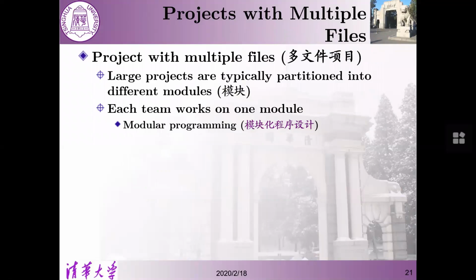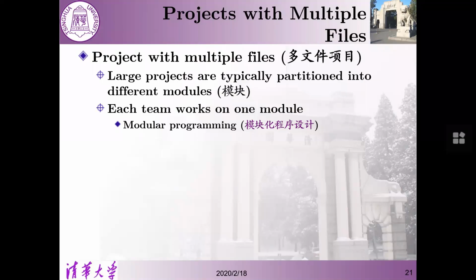Okay, now we will learn about projects with multiple files. In the last semester, our students learned the fundamentals of programming. I heard that most of you were just writing programs in a single file, right? But large projects may consist of more than 2,000 or 5,000 lines of code.